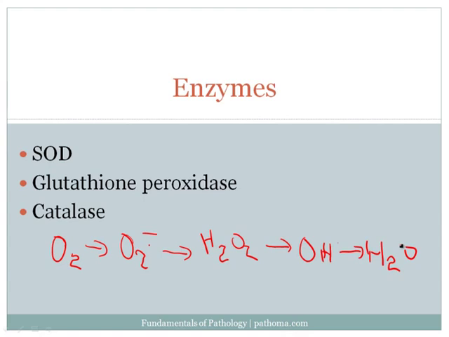And then I use this paradigm to remind me of the enzymes, because each of these three free radicals that I've drawn here is handled by one particular enzyme, or predominantly by one enzyme. So the first one is easy. This one is superoxide, and guess who handles this? Superoxide dismutase. So superoxide dismutase takes out superoxide.